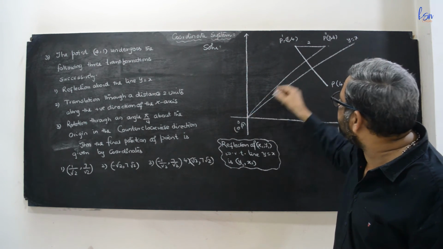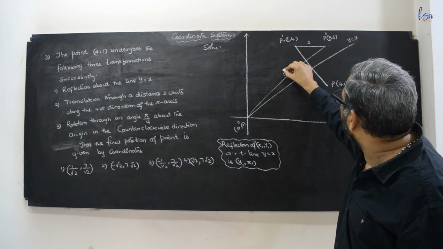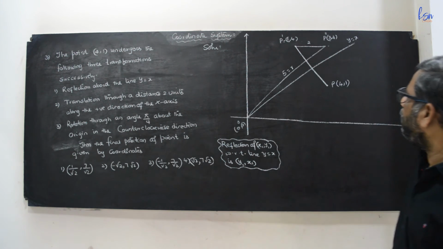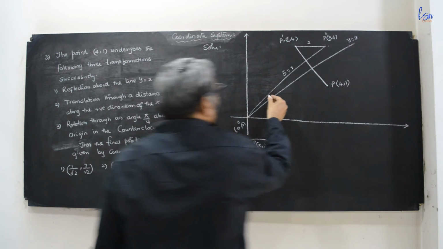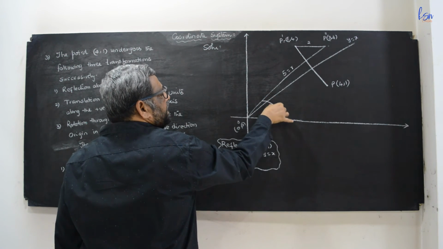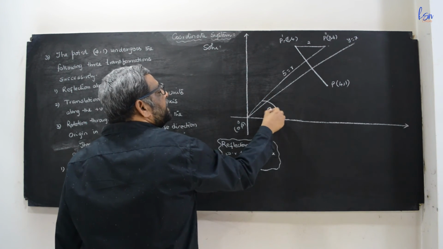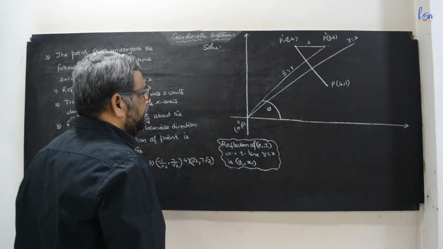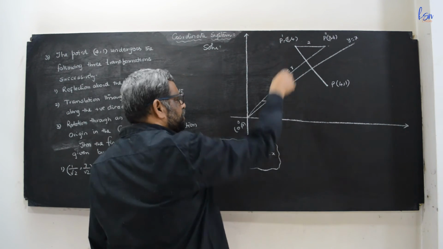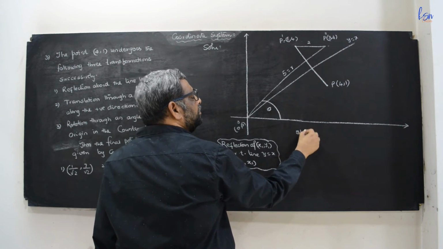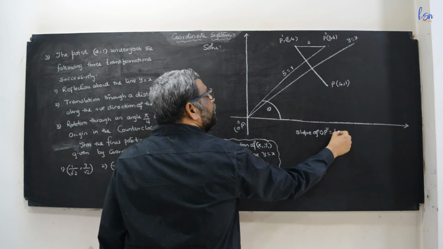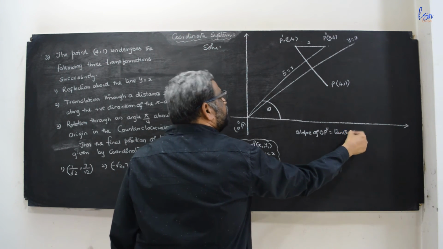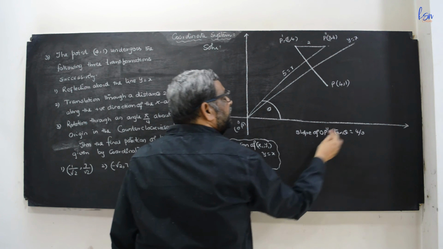This distance is 5 units, or for example, r is equal to 5. Now, let us consider that the angle is theta. If the angle is theta, the slope of OP double dash is equal to tan theta is equal to 4 by 3.